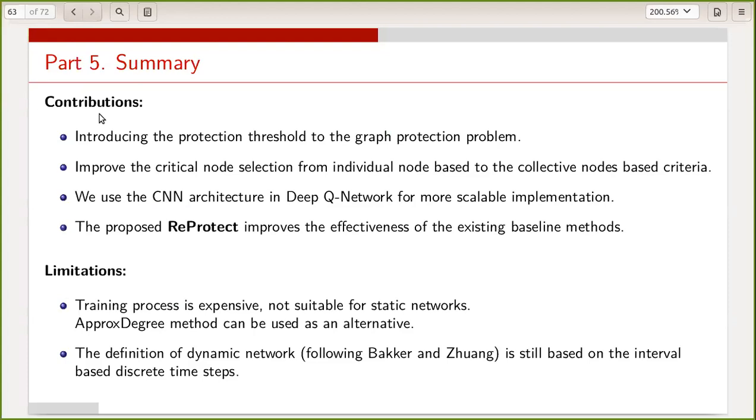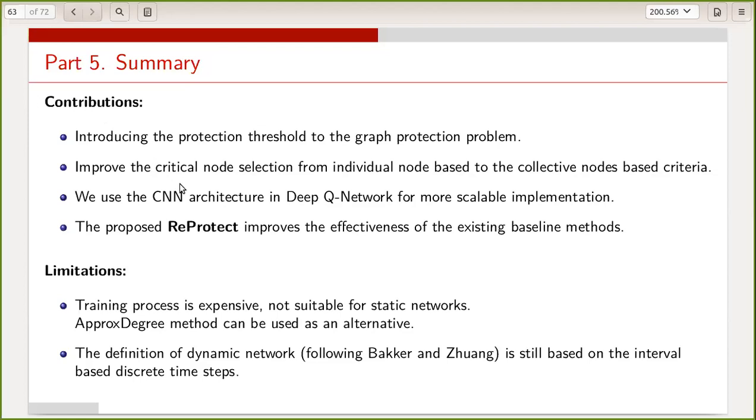If you still remember our previous work, it used the eigen decomposition, which is quite expensive for large graphs. But using the CNN architecture, we can handle maybe up to a million nodes.